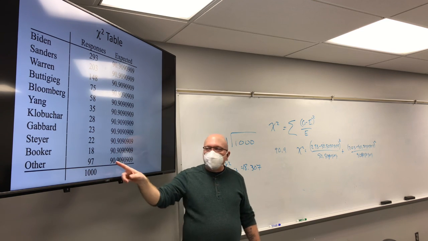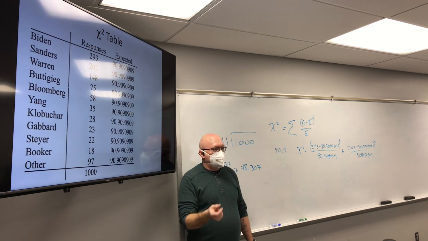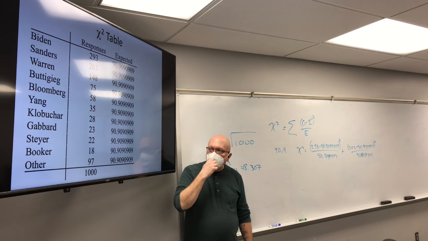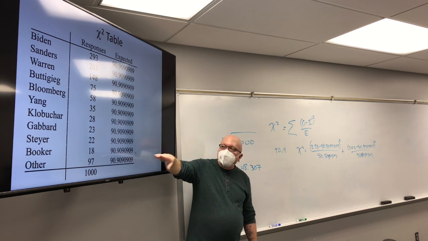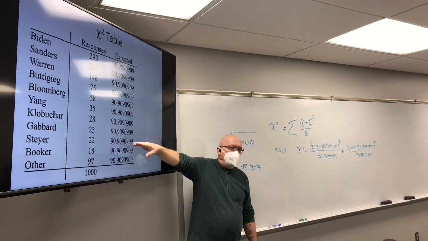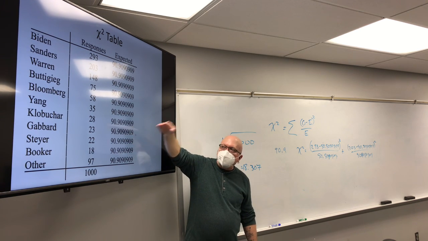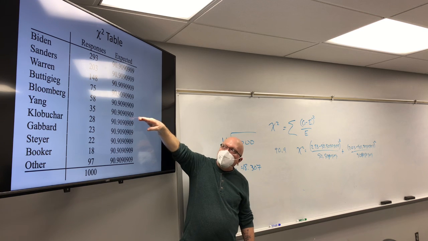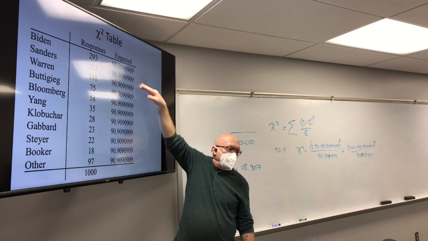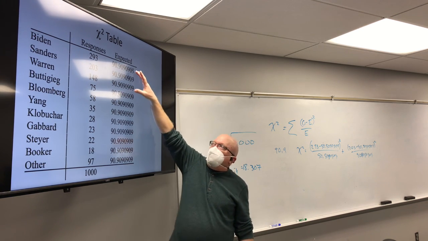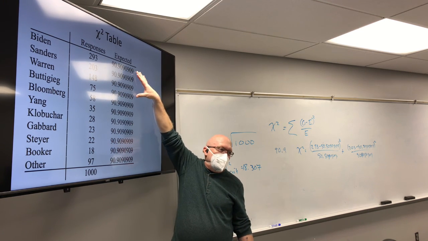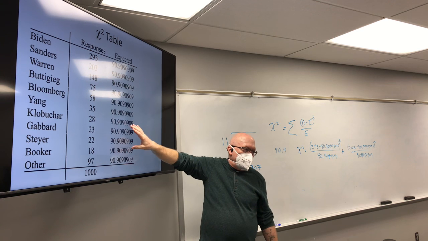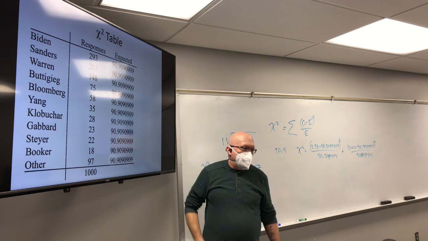Because 97 versus 90, that's a really small difference between observed and expected. People are actively against Booker, against Steyer, against Gabbard, Klobuchar, Yang. Actively in favor of these other people. These are big differences that indicate preference, and these are big differences that are rejection.